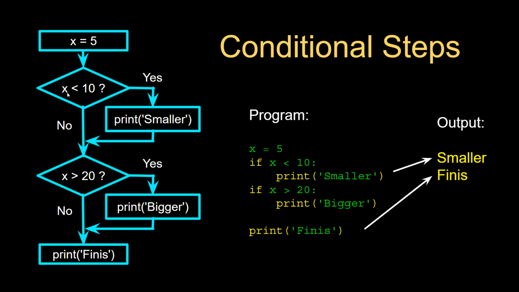If x is less than 10, it will print "smaller". But if not, it will move to the next line and say if x is greater than 20, print "big number". But if it's not greater than 20 either, then it will print "finish". So this is called a condition.